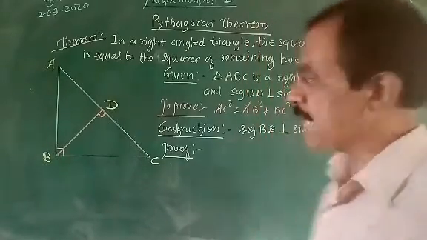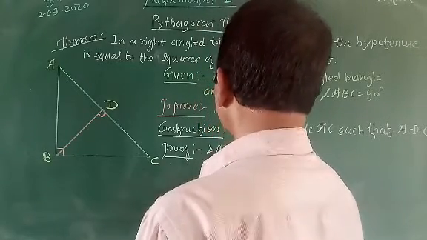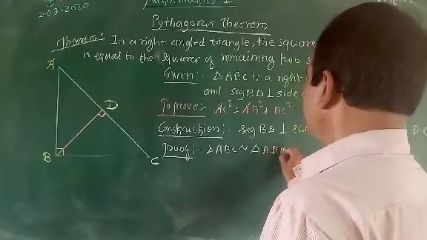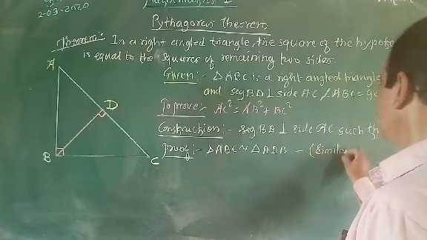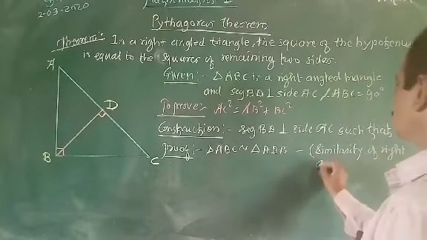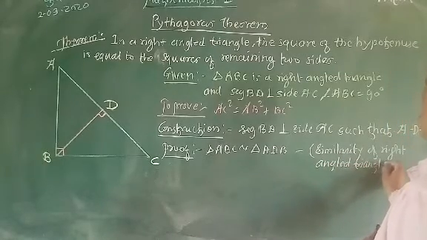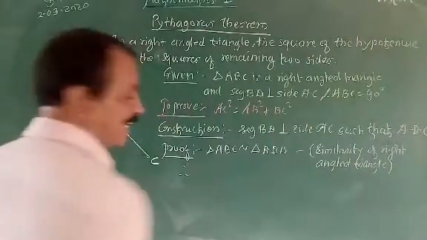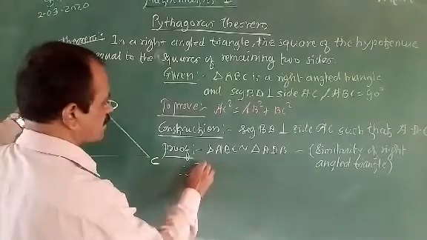We write first the similarity. First point: triangle ABC is similar to triangle ADB, by similarity of right angle triangles. Therefore, sides are proportional. Which segments?